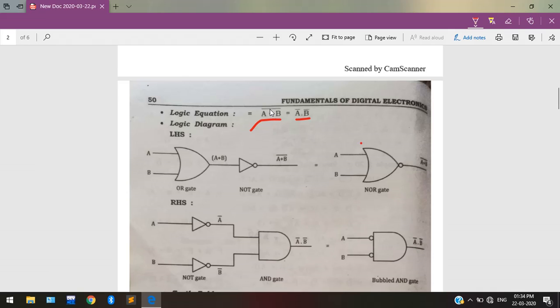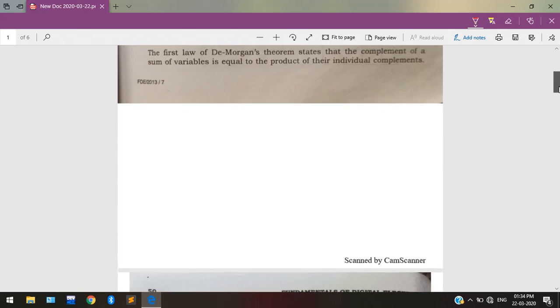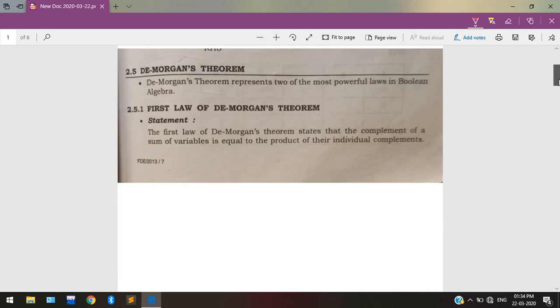If you cut the line here and change the sign, we directly get the output a bar dot b bar on the RHS. So the first theorem of De Morgan states that (a plus b) whole bar is equal to a bar dot b bar, which means the complement of a sum of variables is equal to the product of their individual complements.